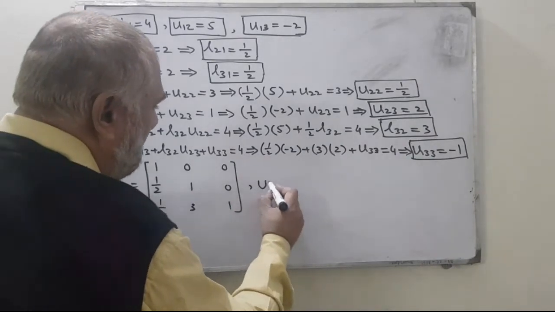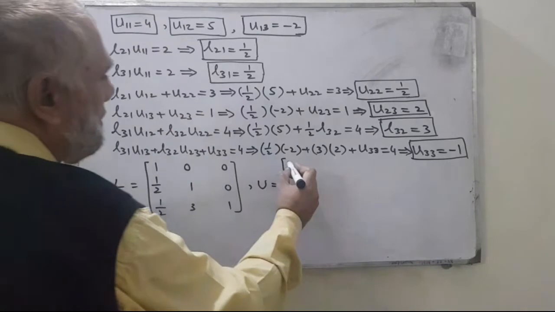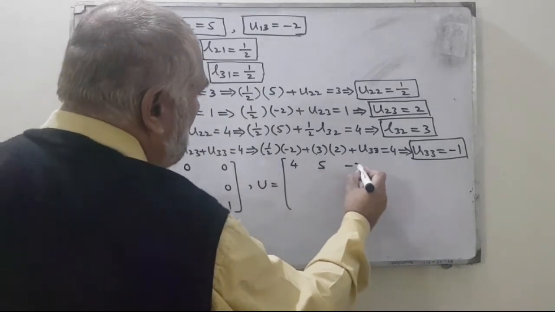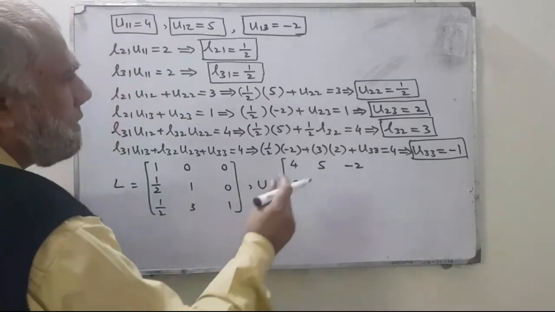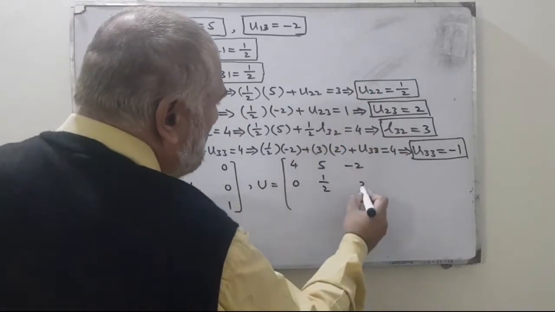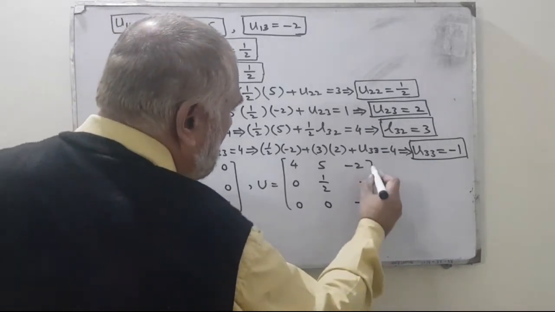And now we write down U. U11 is 4, U12 is 5, and then -2. 0, U22 is 1 by 2, U23 is 2, 0, 0, and U33 is -1.